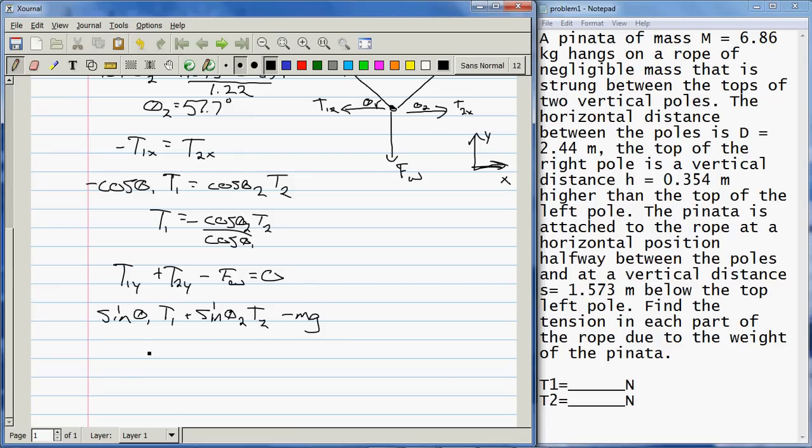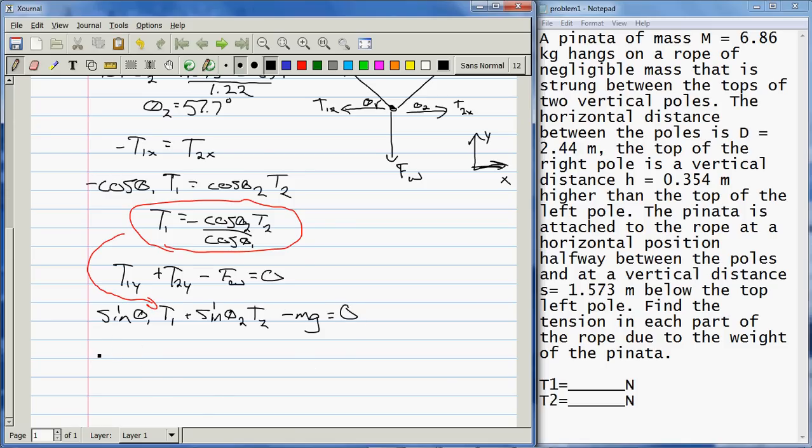Now I can change the color here. I can plug this equation in here. This is why I solved for T1, and plug it in right there. And we can't forget that this equals 0. I'm sorry here.